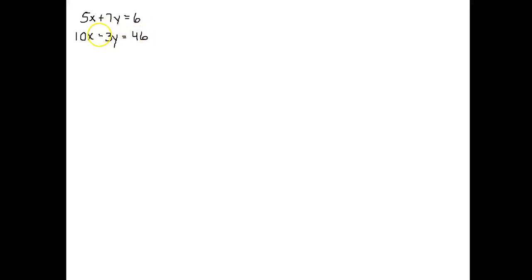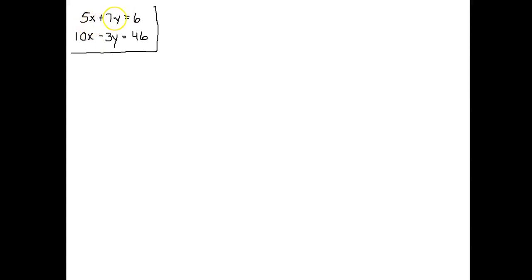You can pick either variable, but in this case, I think x is going to be the easiest to get rid of, because in front of x here you have a 5, and in front of x there you have a 10. Well, you could take the first equation and multiply it by -2, and that would give you a negative 10x and a positive 10x. So then you have your opposites you need.